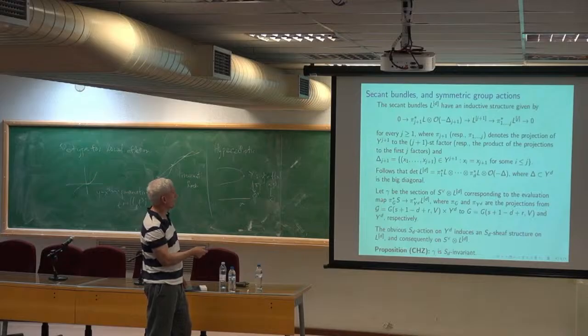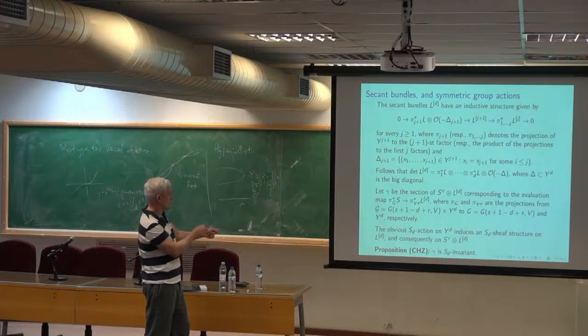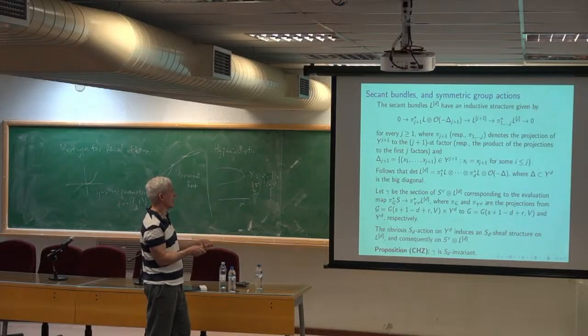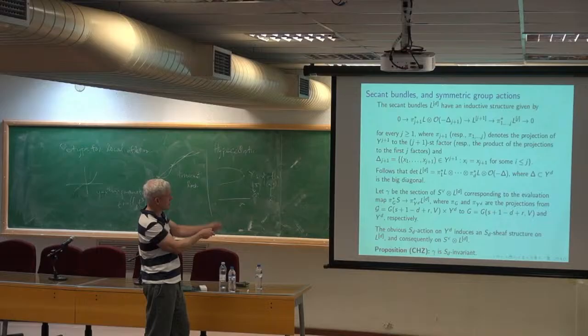But I do want to mention that, much like these jet bundles, we think of secant planes as being global analogs of inflection points. So at the level of bundles, the secant bundles are analogous to the jet bundles in the sense that they have a natural inductive structure. And then, yeah, we have to do some Euler class calculation.